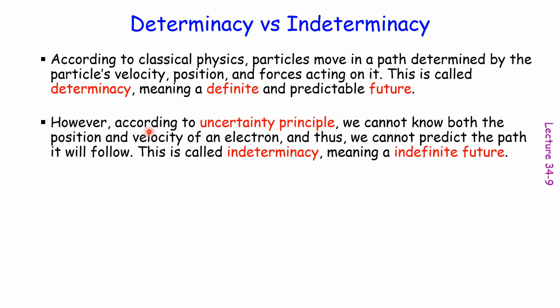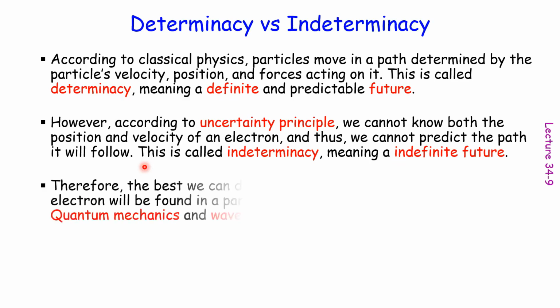On the other hand, according to the uncertainty principle, the one we just discussed in the previous slide, we cannot know both the position and the velocity of an electron. Therefore, we cannot predict the path. This is called indeterminacy, meaning an indefinite future.